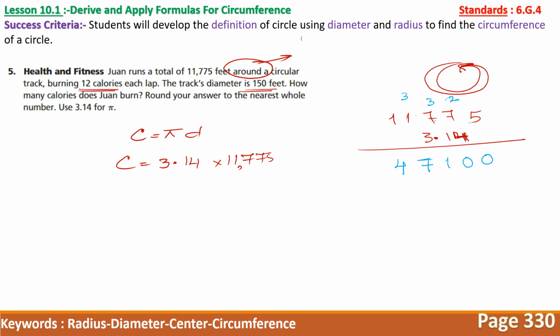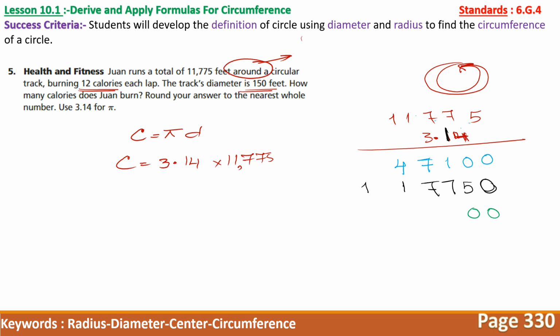Now just write the above things here, and under the 0 write a 0. Now multiply everything by this 1. 1 times 5 is 5, 1 times 7 is 7, 1 times 7 is 7, 1 times 1 is 1, and 1 times 1 is 1. Now in order to multiply the third digit, we have to put 2 zeros before.